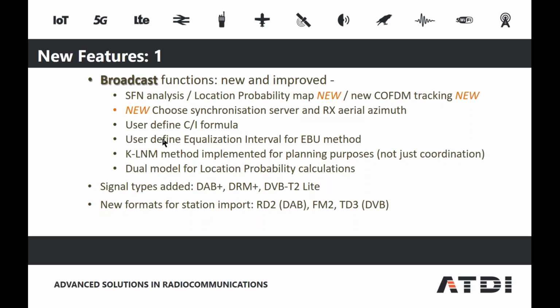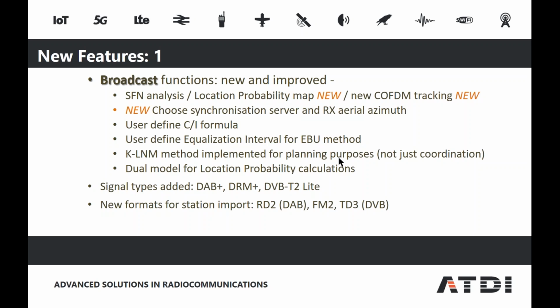The same for this. You can deal with the equalization interval for the European Broadcasting Union method, which wasn't defined when I last worked on this. And then there's coordination methods, planning methods, a dual model for location probability calculations.